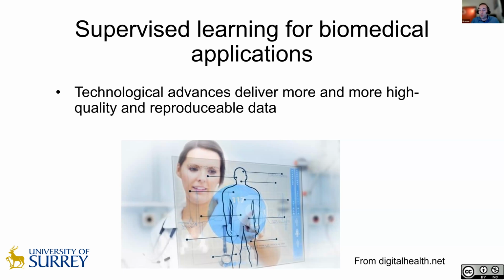And so now it has become possible to really acquire very large amounts of data from patients in different conditions. And this is, of course, a huge resource that can be made use of with machine learning methods.